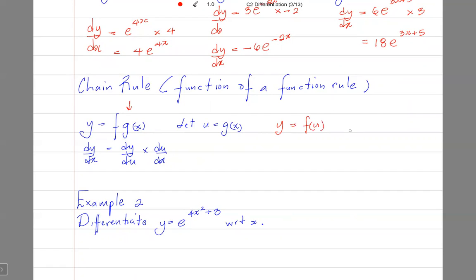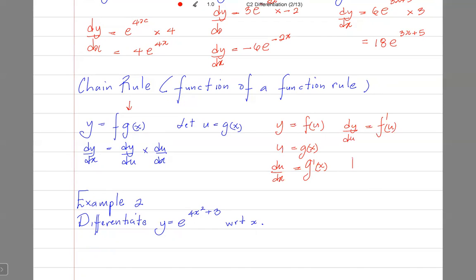Then I would differentiate y with respect to u. So dy by du would be the first differential of f of u. Now I'm also going to differentiate u with respect to x. So I have u is equal to g of x, and so du by dx would be equal to g prime of x, the first derivative.